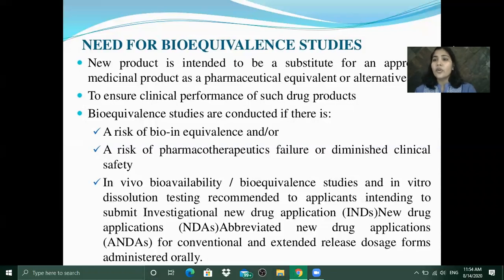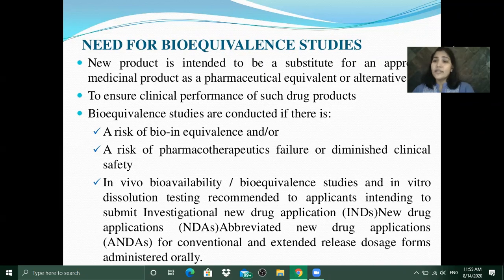Bioequivalence studies are generally done as BA/BE trials. It's a type of clinical trial. Whenever we are doing a bioequivalence trial, from whatever samples we have got, we'll be checking for the bioavailability of the drug. Hence we call them BA/BE trials.